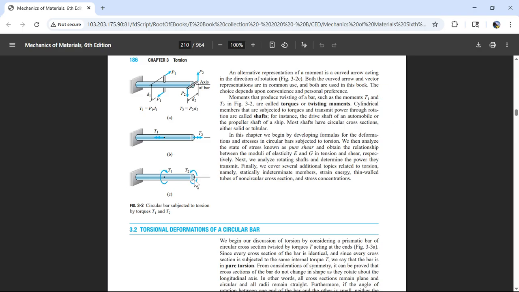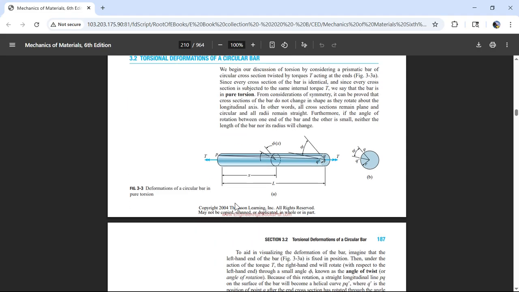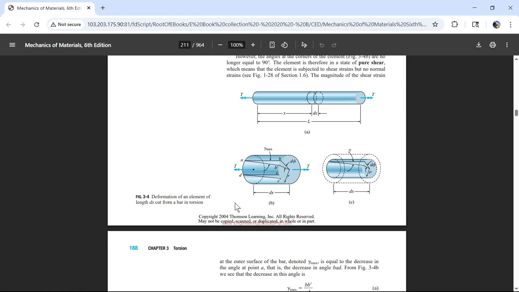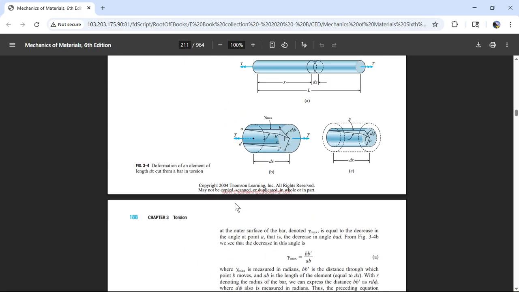You apply forces. Forces generate molecules to crunch in, stretch out, twist. And even when we talk about twist, that's why I wanted to dive into torque, torsion, is because, well, I think we're going to end it.